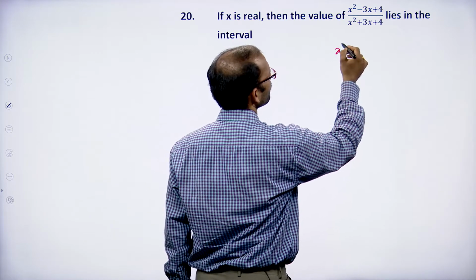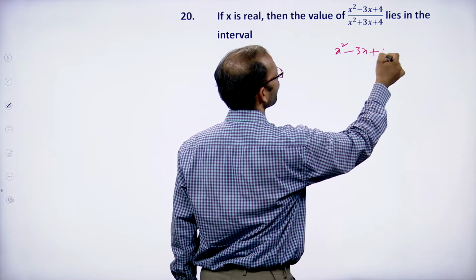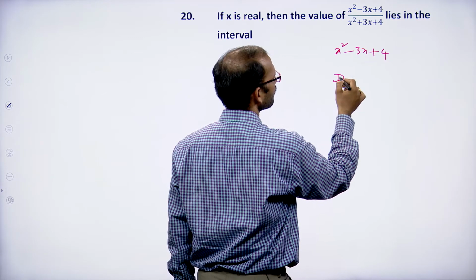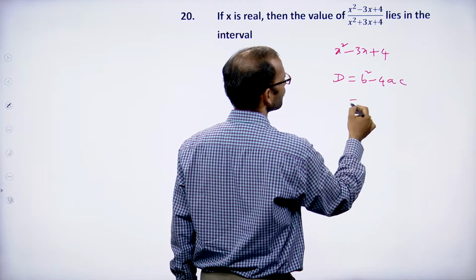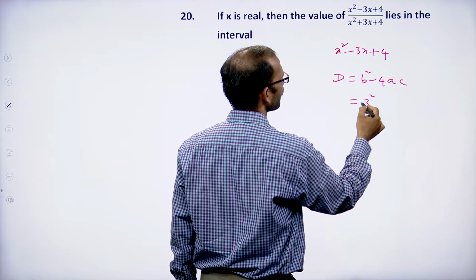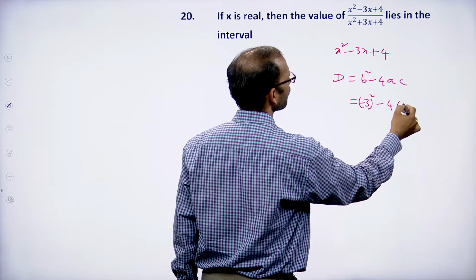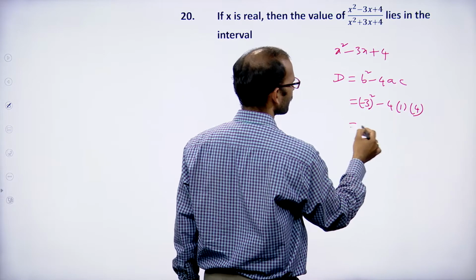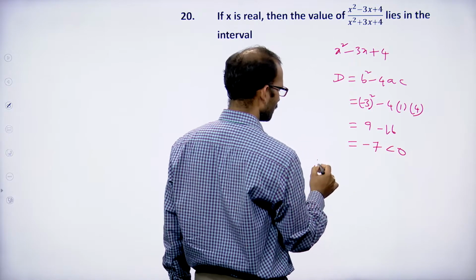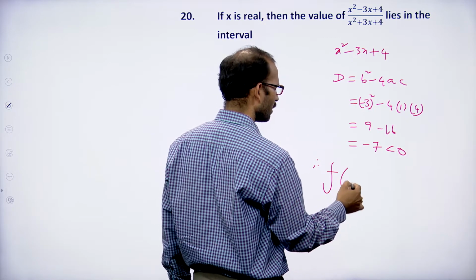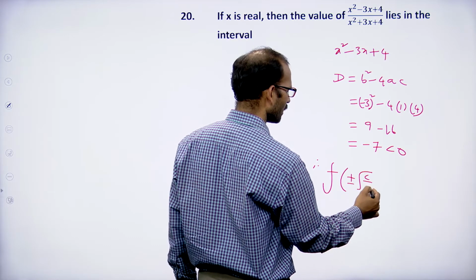See, x square minus 3x plus 4, what is the discriminant b square minus 4ac, which equals 3 square minus 4 into 1 into 4, 9 minus 16 is minus 7, which is less than 0. Therefore, it lies between f of plus or minus root c by a.